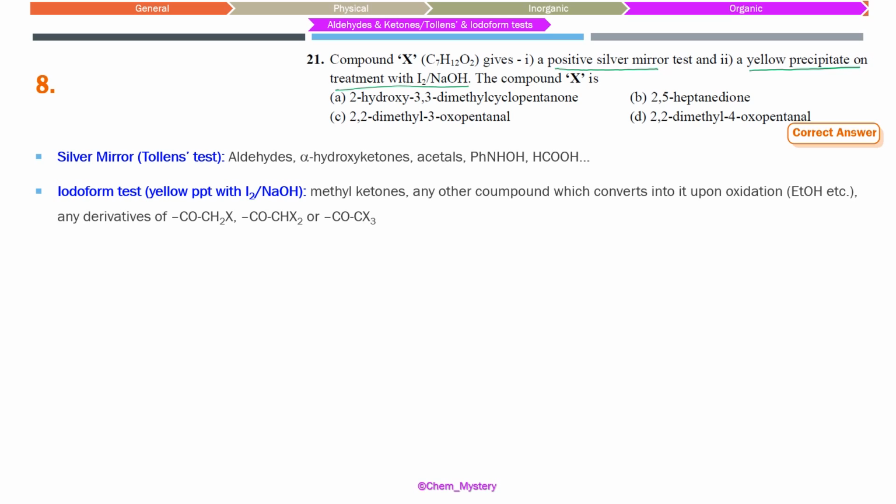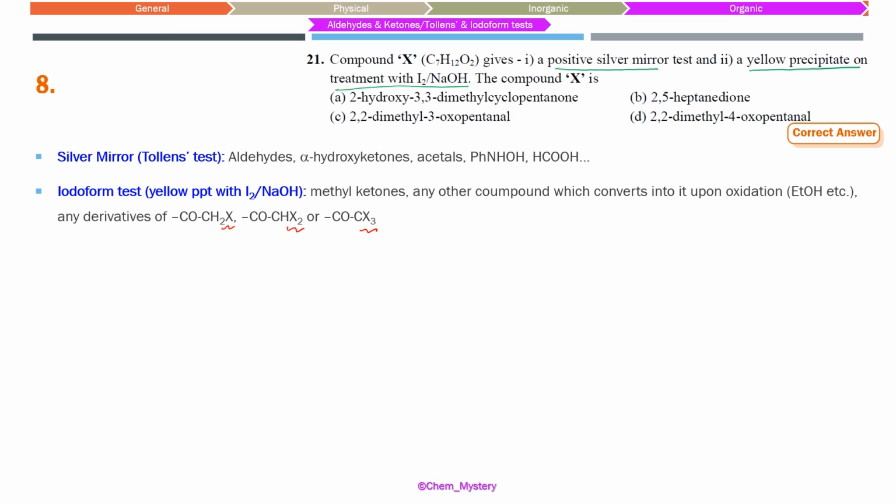Sometimes they can give us derivatives of methyl ketones, where 1 hydrogen, 2 hydrogens, or 3 hydrogens from the methyl group are replaced. These are some of the examples where we can have the iodoform test positive.